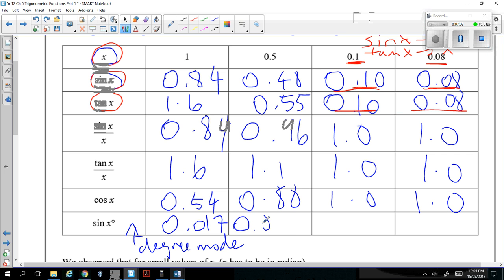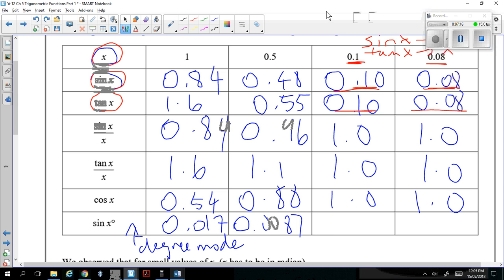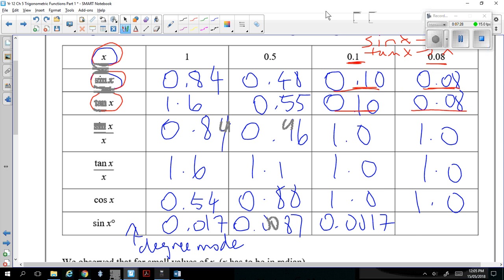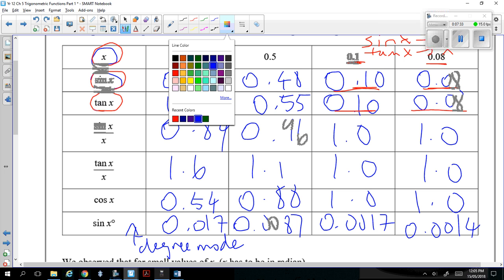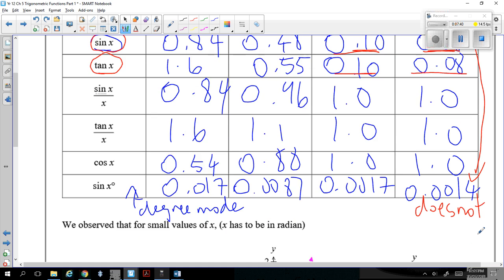And then if you do the next one, which is 0.1, 0.017, and the last one, 0.08, you get 0.0014. Okay, so they are different, isn't it? They don't match if they are in degree mode. So it has to be done in radian mode.